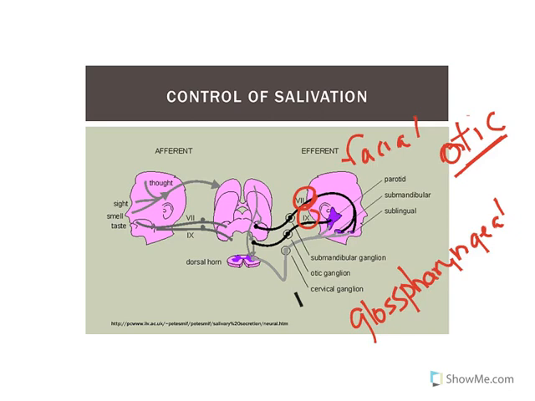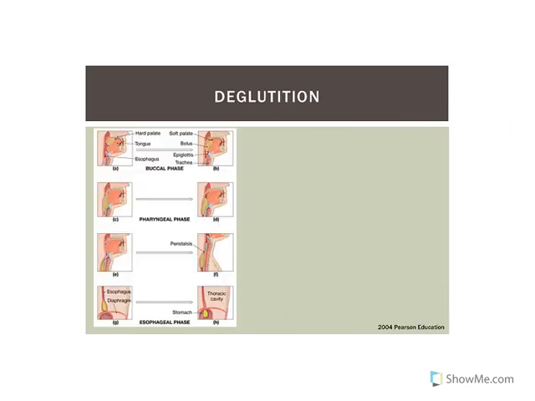And that will then send motor input to the various salivary glands. So a number of different things can stimulate salivation, and it's all mediated through reflexes via the medulla oblongata. It would be considered an autonomic reflex.